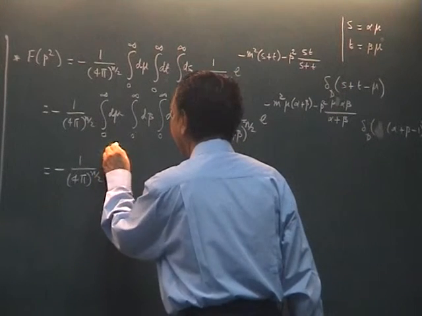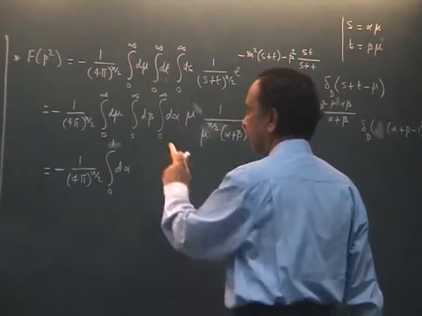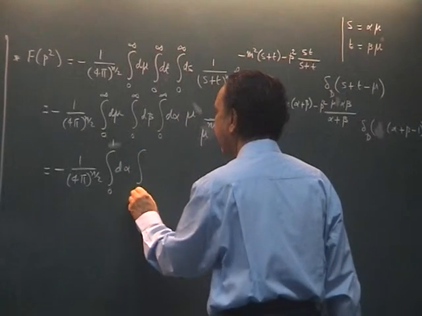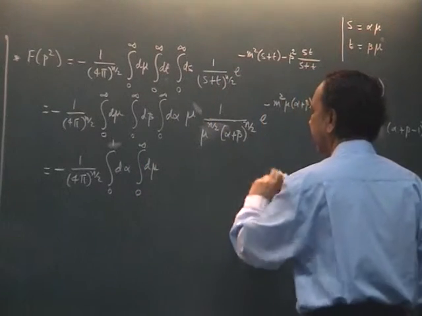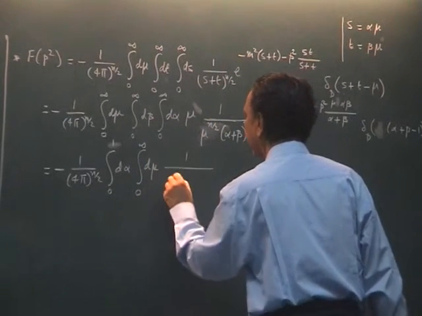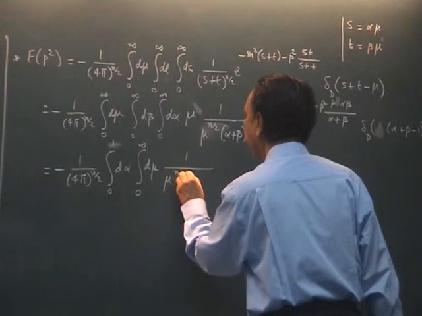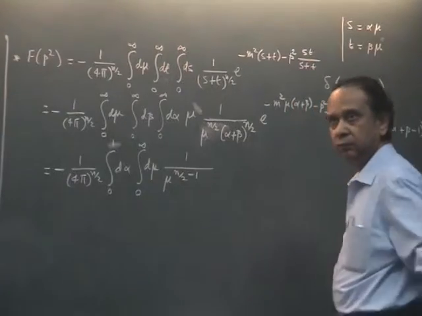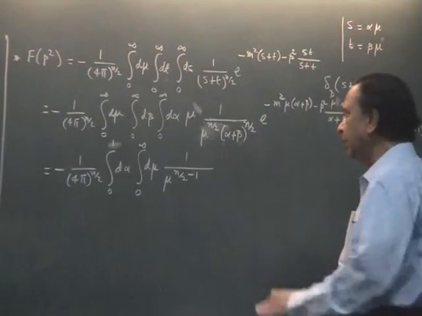Now I will write the alpha integration first. Beta I am going to do, and then there is a mu integration, d mu. So here I have 1 over mu to the power n by 2 minus 1. Alpha plus beta is unity, so that doesn't come in.